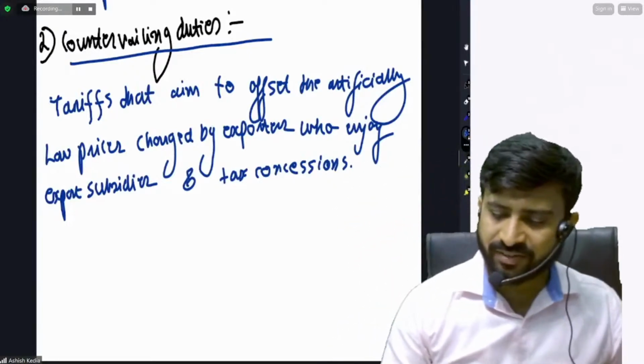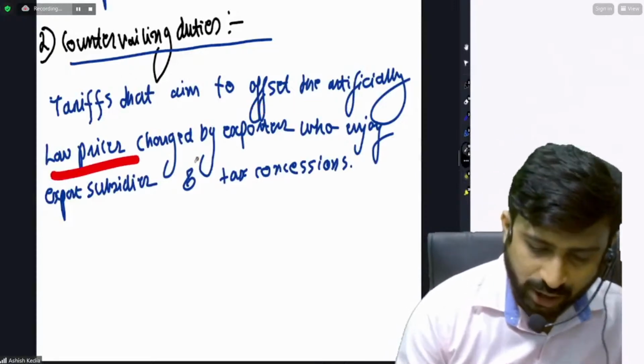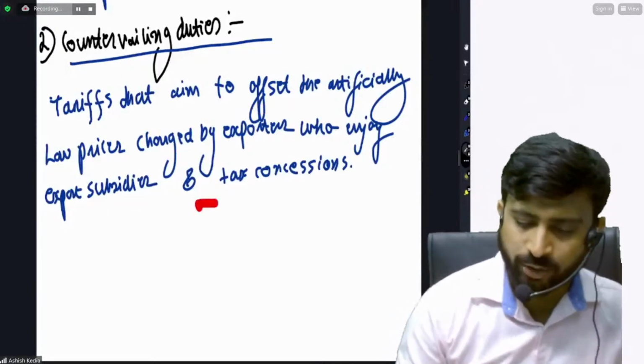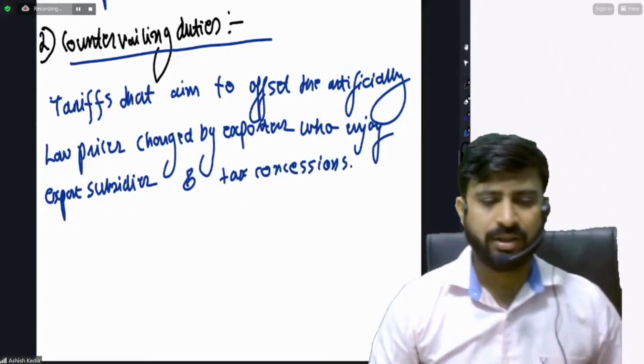Yes, sir. Tariffs that aim to offset the artificially low prices charged by exporters who enjoy export subsidies and tax concessions. That is the goal.